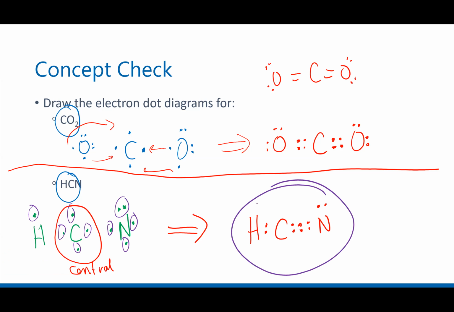And here I must also have 10 electrons total. I won't mess this up, but I'm just going to count them. 1, 2, 3, 4, 5, 6, 7, 8, 9, 10. It's perfect. I had 10 electrons on the left and 10 electrons on the right. So I didn't break any rules.